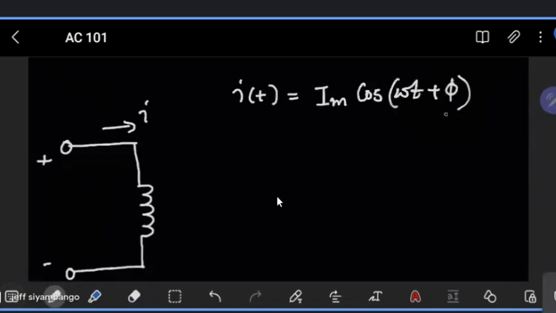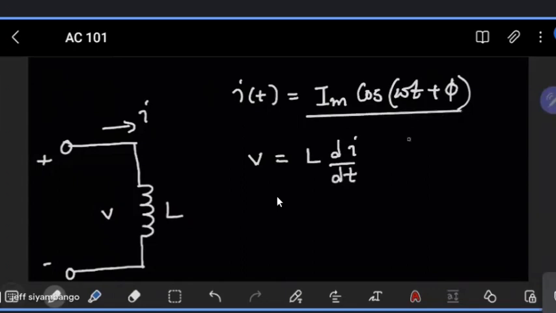From this, and from the definition of an inductor of inductance L, the voltage across the inductor, V, is going to be given by V equals the inductance L multiplying di/dt. So what you'd have to do is differentiate this current source and perform the reductions as they come.